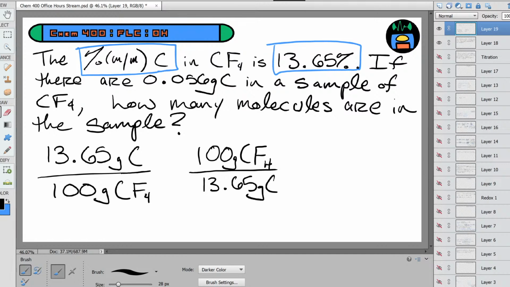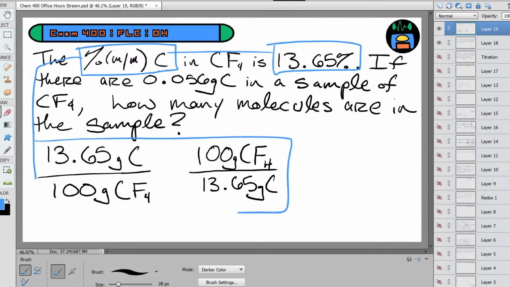All right, that's what this number here means. It gives us these two ratios between the mass of carbon and the total mass of the sample.